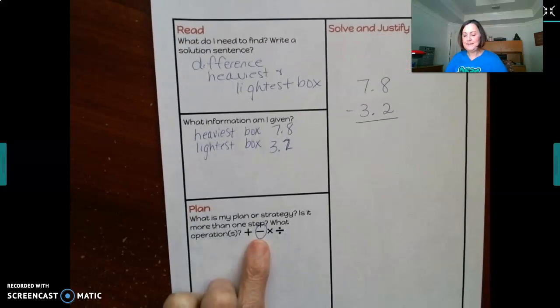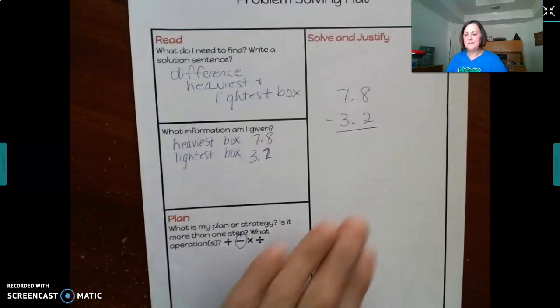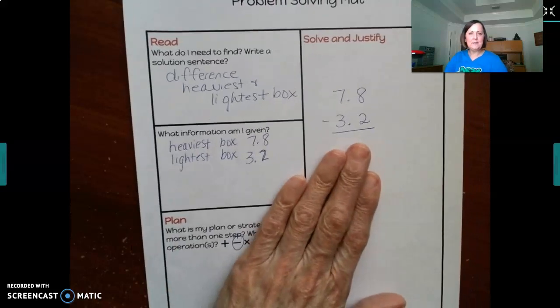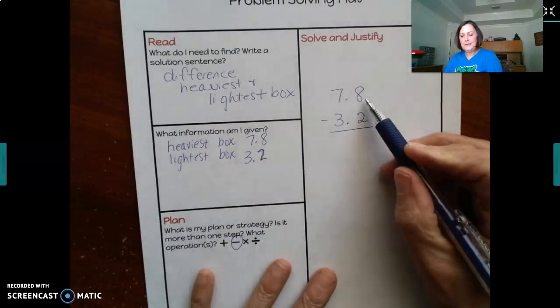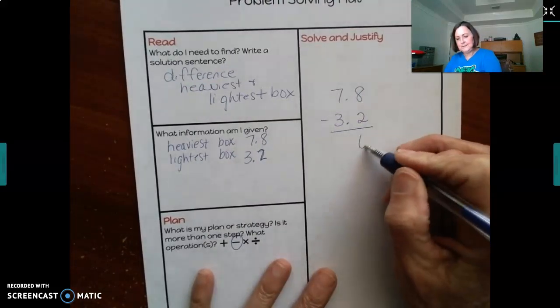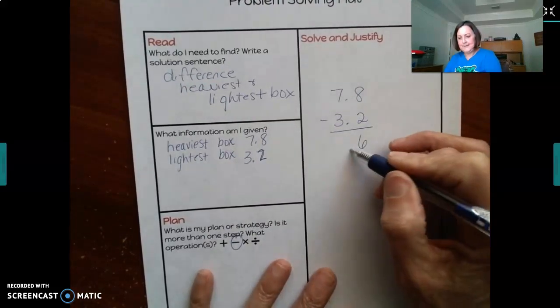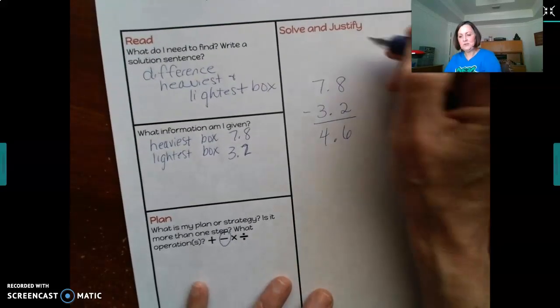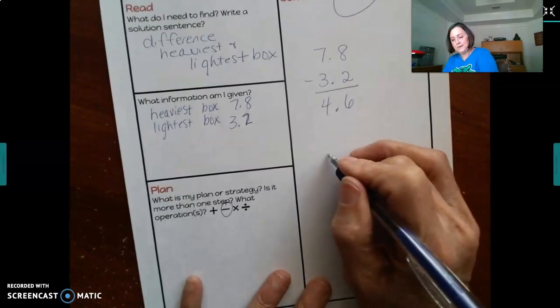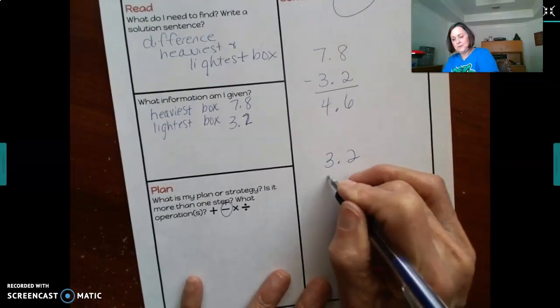So my plan is to subtract, which means to find the difference. So I have it all set up, ready to solve and justify my answer. 8/10 minus 2/10 is 6/10. 7 ones minus 3 ones is 4 ones, and we can justify this by doing our inverse operation.